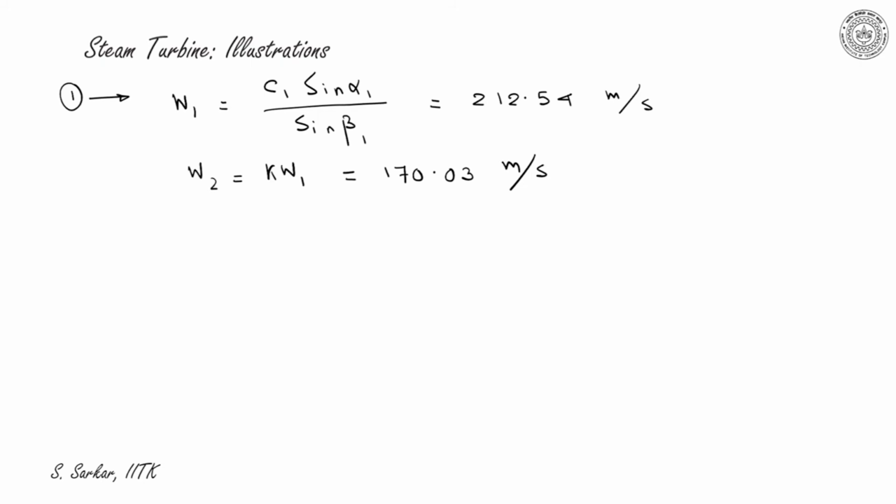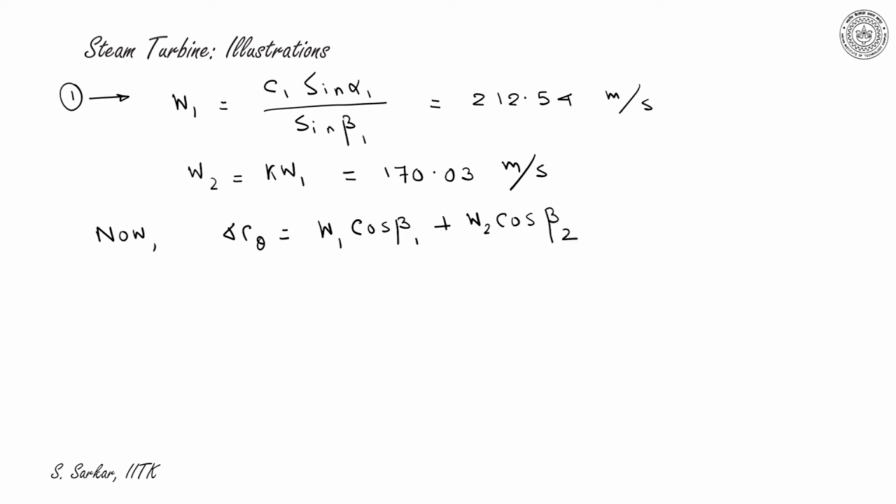As I know W1 and W2 and beta 1 and beta 2, I can get del C theta equal to W1 cos beta 1 plus W2 into cos beta 2, referring to the velocity triangle.